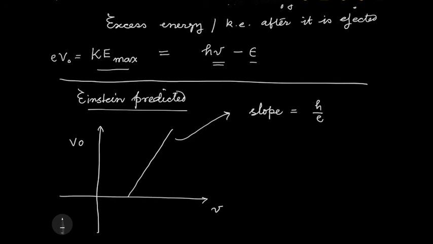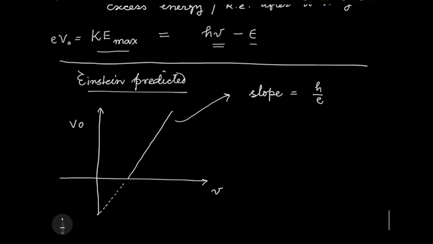If I extrapolate this in the backward direction, what will I get? Well, if you compare this with y equals mx plus c, you see c is the intercept. So this essentially will give you minus epsilon.